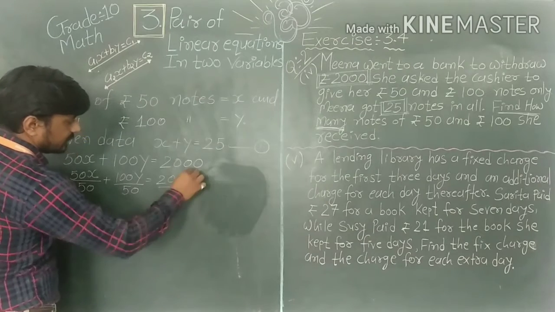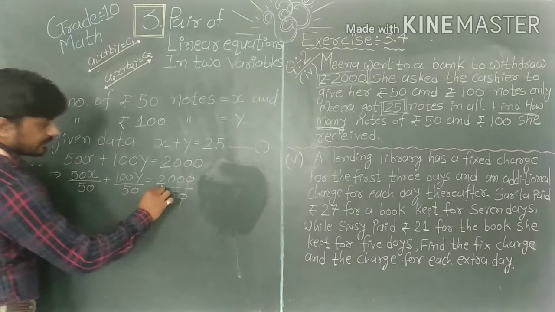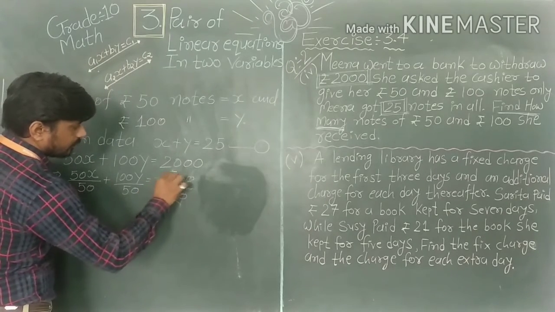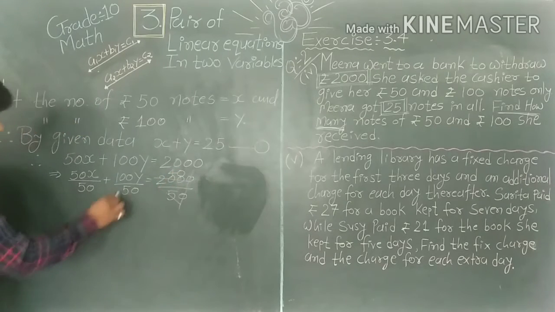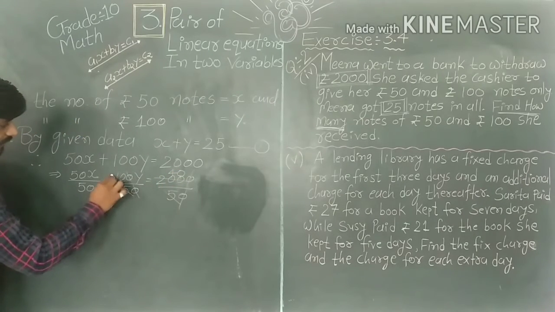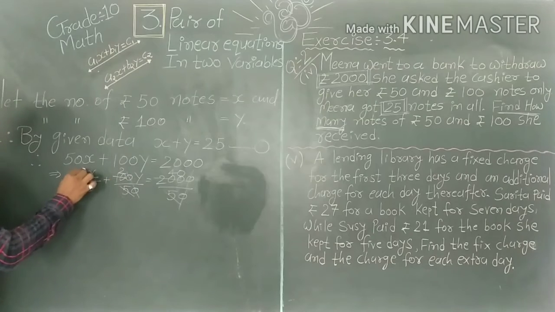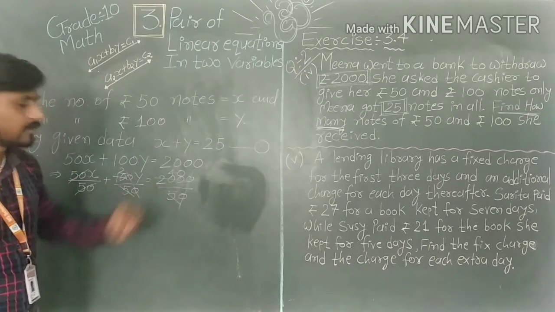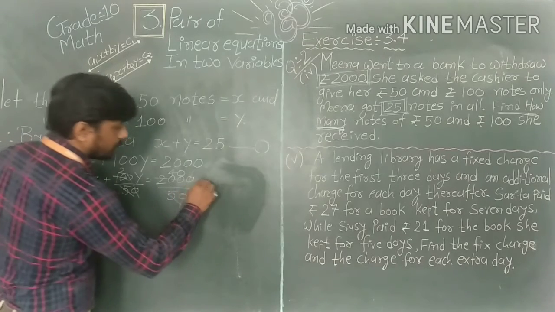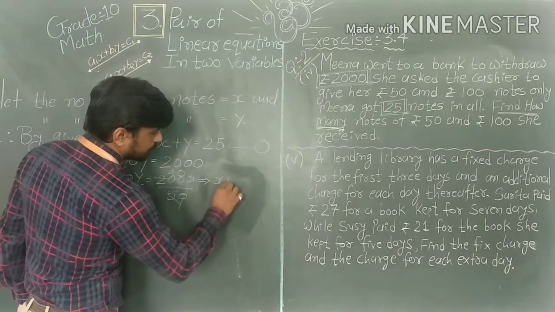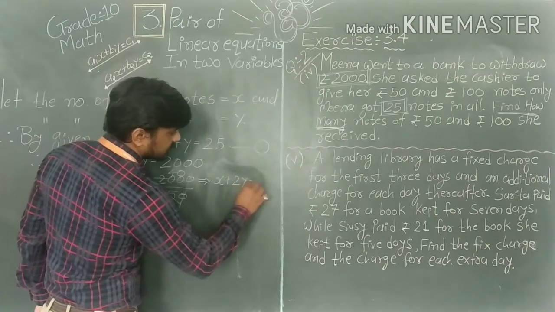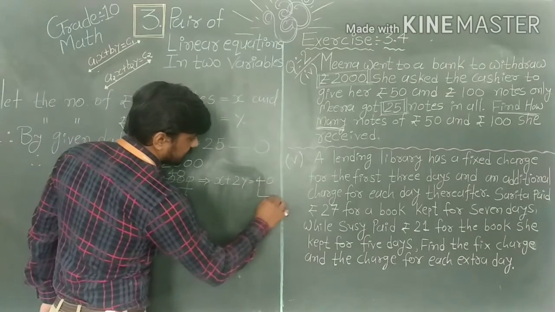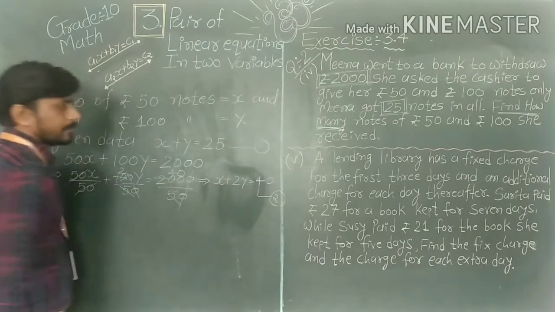Then 0 0 cancel, 5 twos are 10, here 50 50 cancel. That means x plus 2y is equal to 40. Therefore I write x plus 2y is equal to 40, and this is our equation number 2.